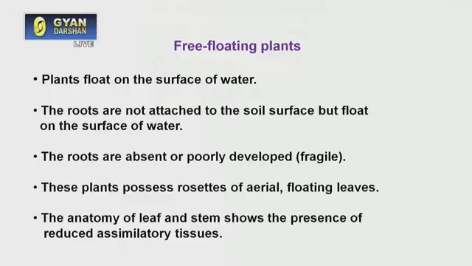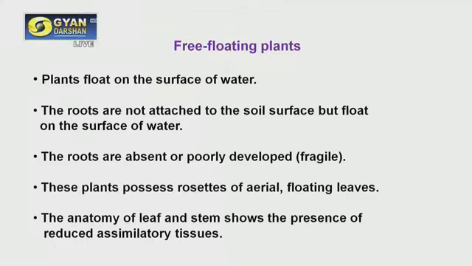So we start with the free floating plants. Free floating plant means you must have seen many plants where the leaf surface is floating on the surface of water. Like if you have seen the lotus plant, lotus leaves you have seen. So these plants, they normally float on the surface of water. Free floating plants.